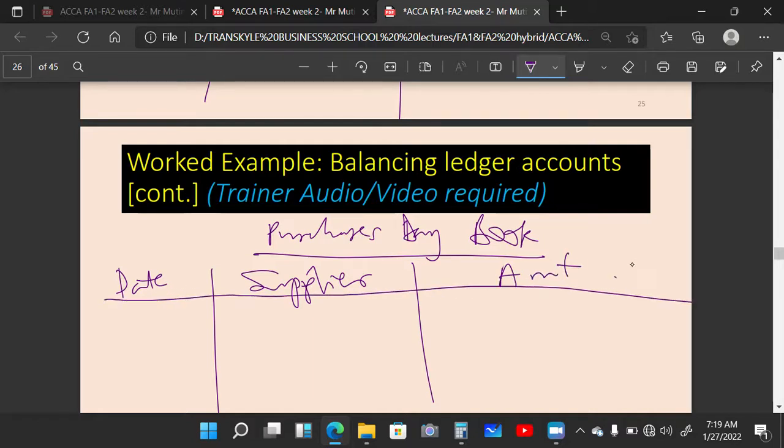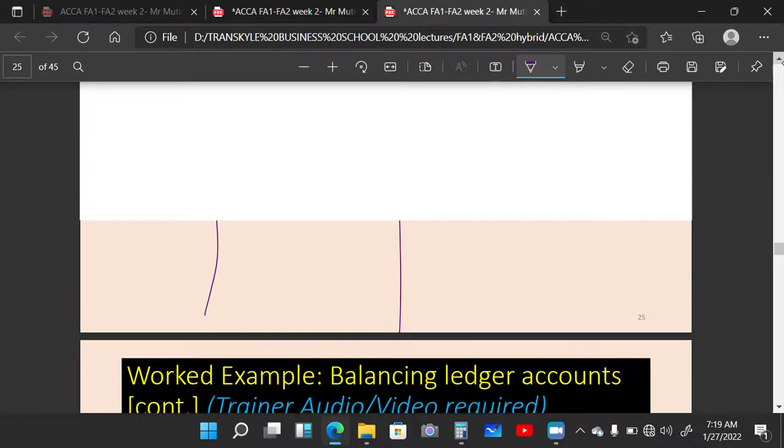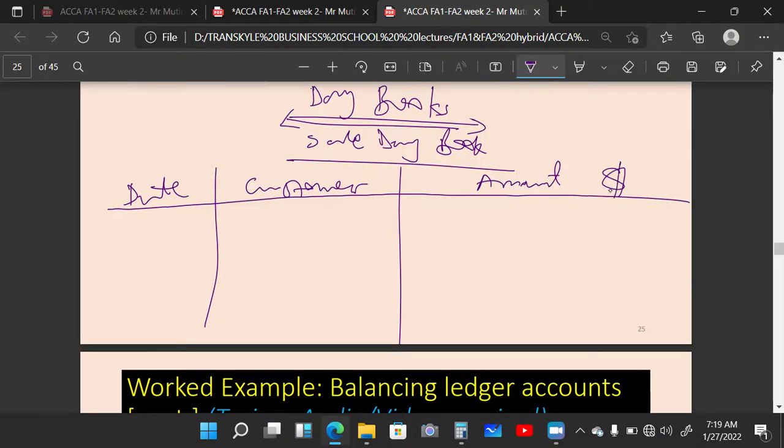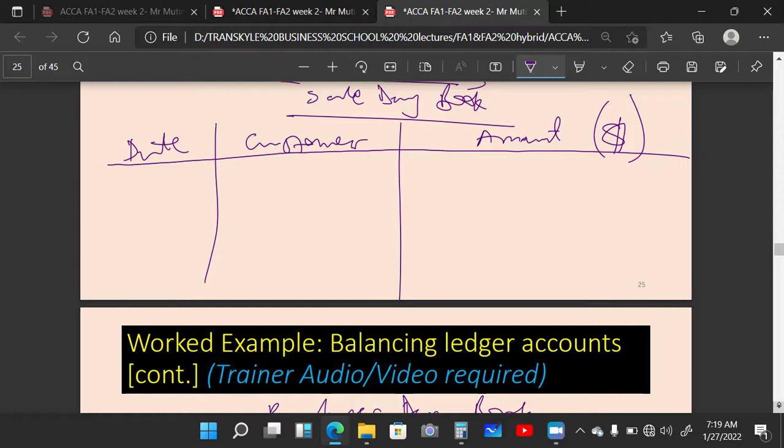When we talk of the amount, we are talking of dollars, because by the end of the day, accountants report in money. You know, the monetary amount concept.